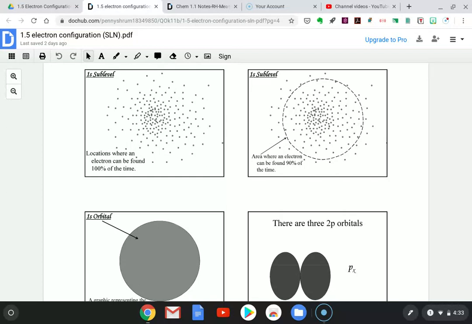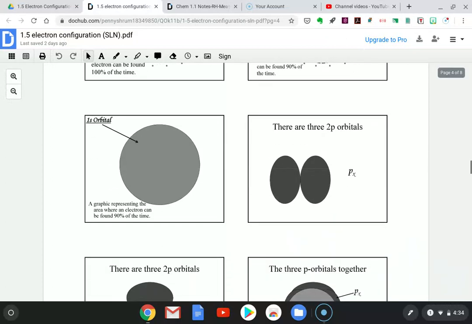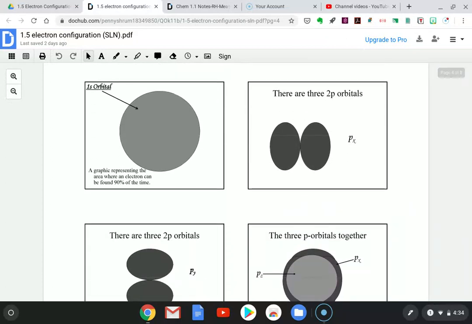Every one of these dots is where the electron is at any given moment. You can see it's bouncing around inside of there all over the place, and sometimes it is actually outside of what we would consider the 1s orbital, but the majority of the time, 90% of the time, we would find it inside of that sphere. And again, no physical sphere is actually there.